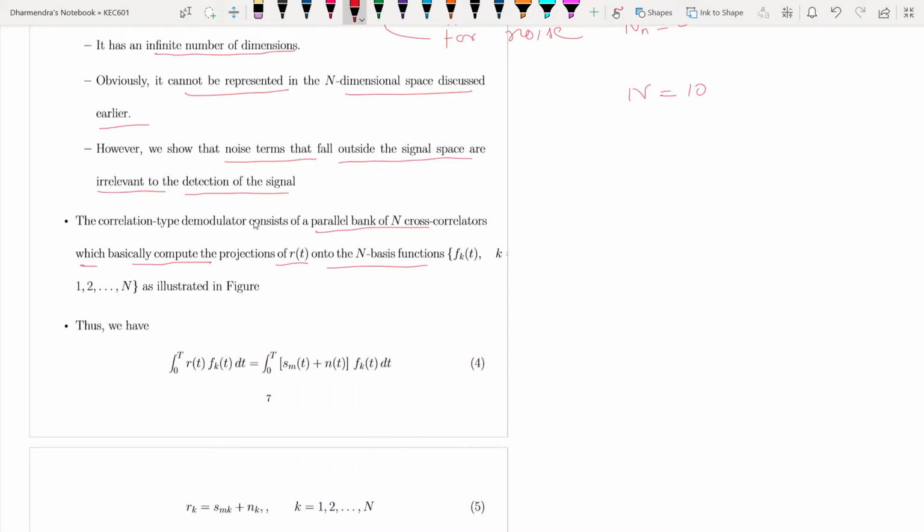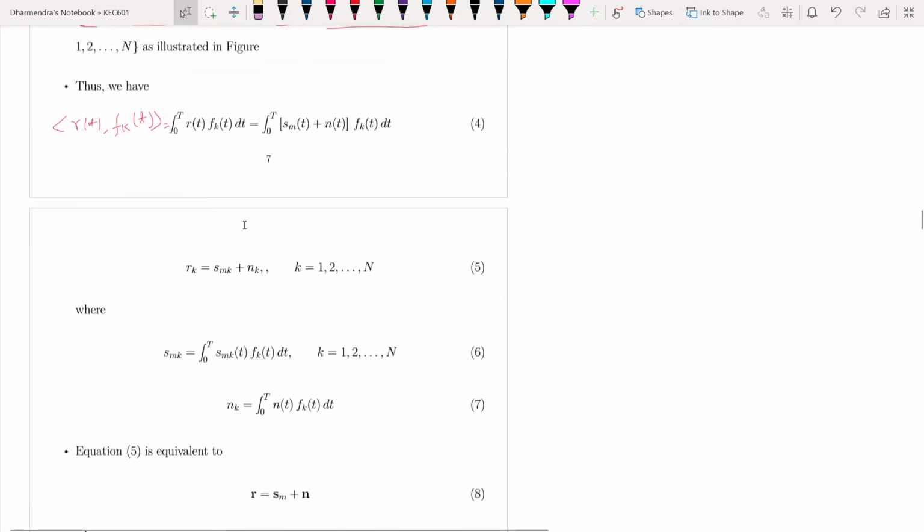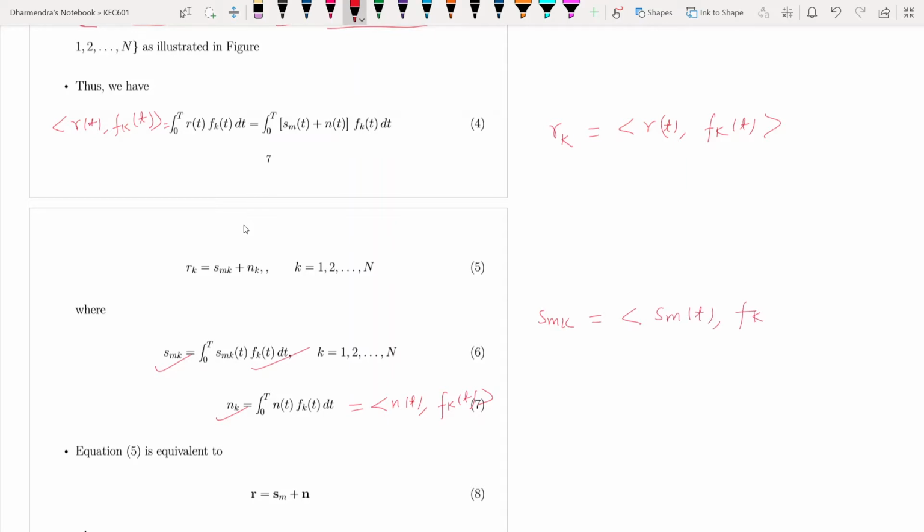This is an inner product of r(t) with the basis function f_k(t), represented by small r_k. So s_mk is the inner product of s_m(t) with the basis function f_k(t), and n_k is the inner product of noise n(t) with the kth basis signal.